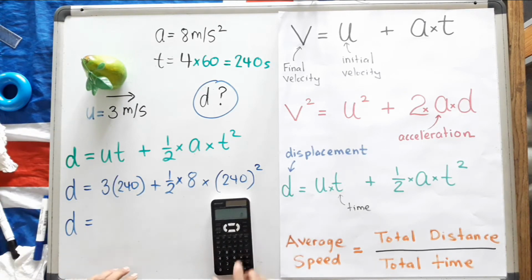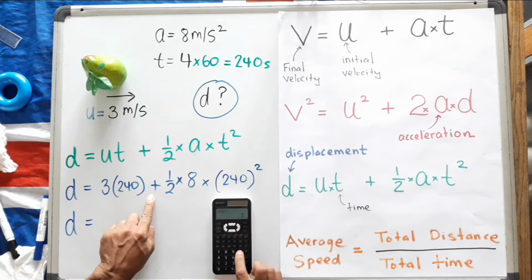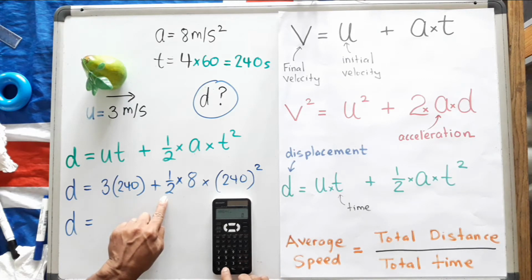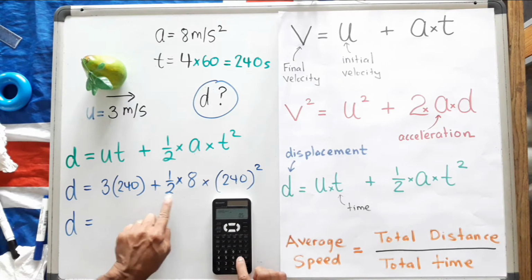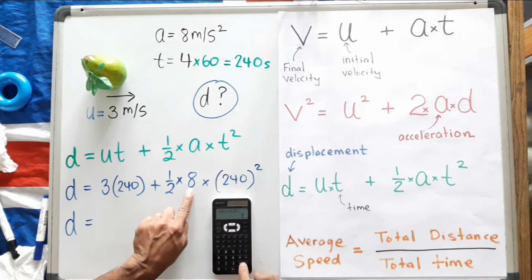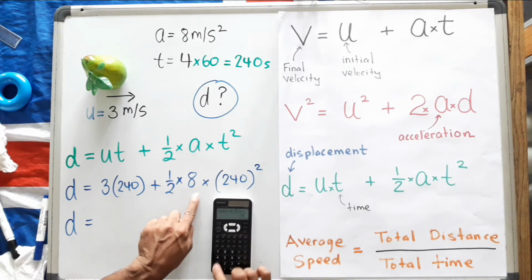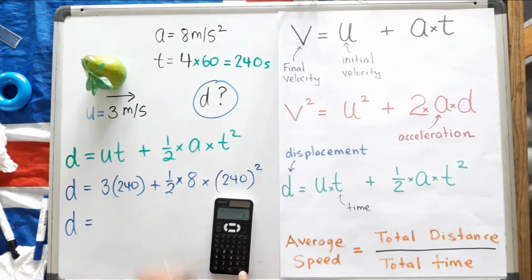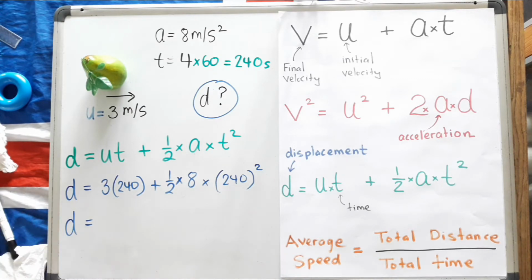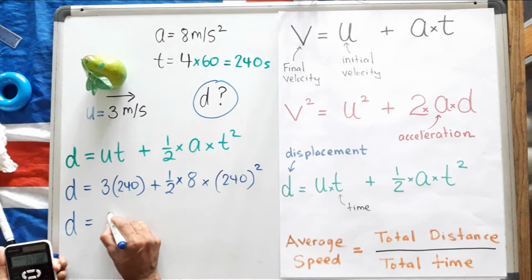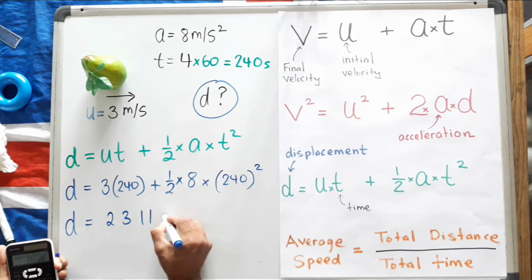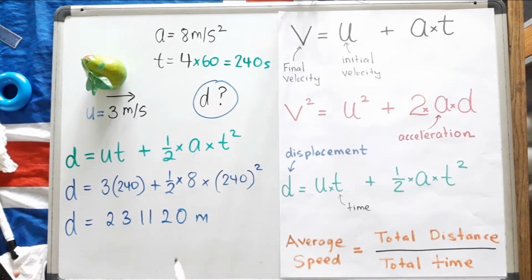So 3 multiplied by 240 plus a half, which is the same thing as 0.5, multiplied by 8 multiplied by 240 squared. I'm just going to close the brackets there. And this is how much I got. I got 231,120 meters.